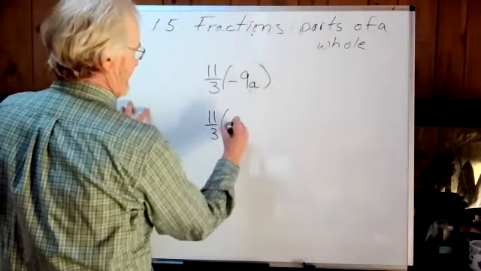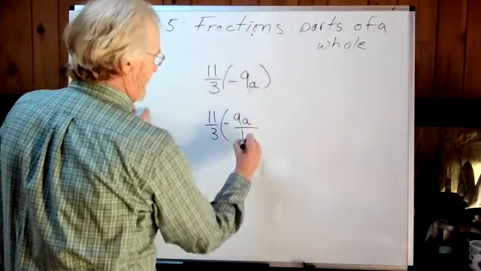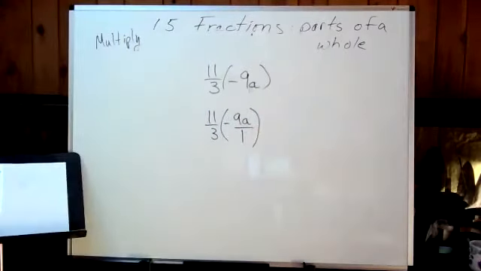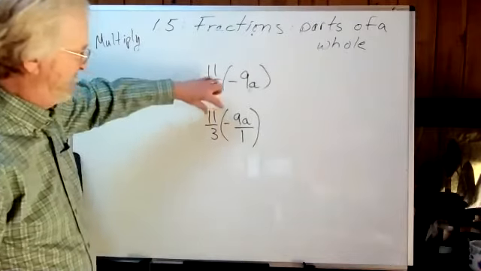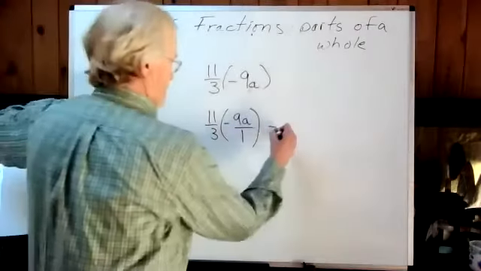It happens to be negative. Those things are on top, 9 times a, whatever a variable a might be. And now I have this thing that looks a little messier. If I was just multiplying straight across, I would do 11 times 9 and get 99a.